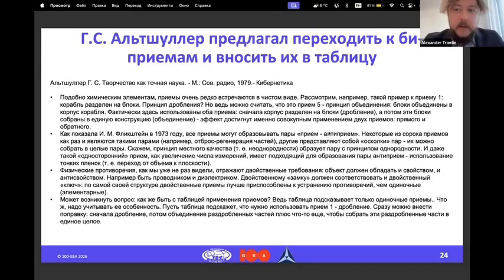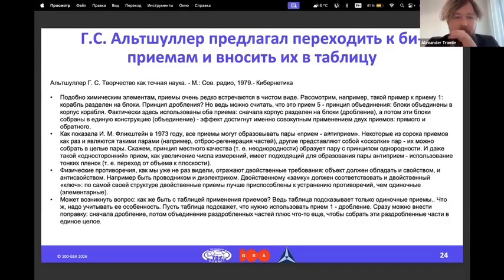Let me continue with the history. This is the confirmation of my idea. Still, Altshuller said that we could work with different approaches, and there were also some ideas from Fliksteyn in 1973. There were also physical contradictions when we work.